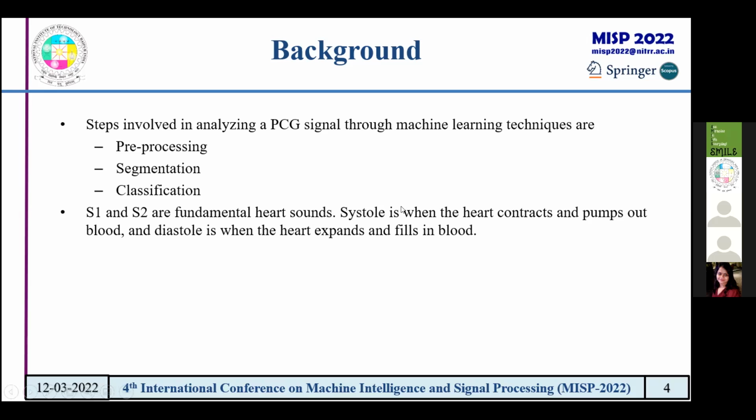The period between S1 and S2 is called systole, and the period between S2 and the S1 of the next cycle is called diastole. So these are the four parts that we have to segment the audio signal into: S1, systole, S2, and diastole.